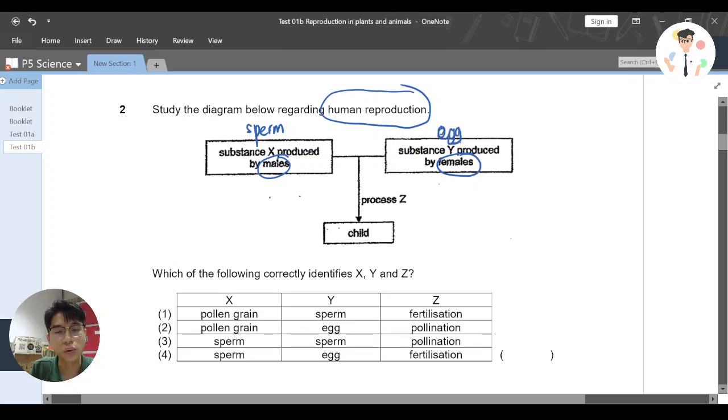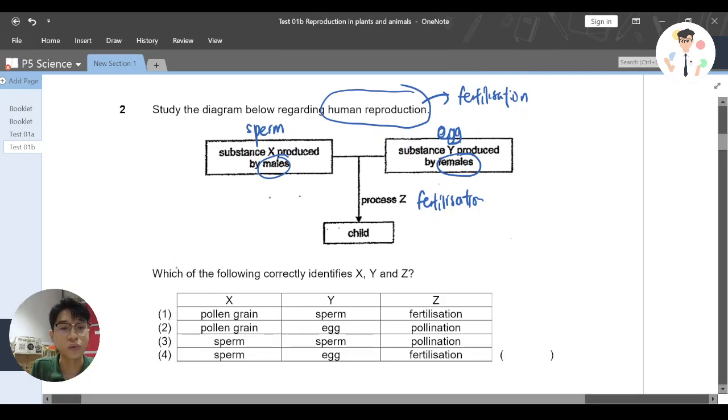And they undergo process Z, then it becomes a child. You know that's fertilization. You just need to understand that when it comes to human reproduction, the only process that we learn is fertilization.